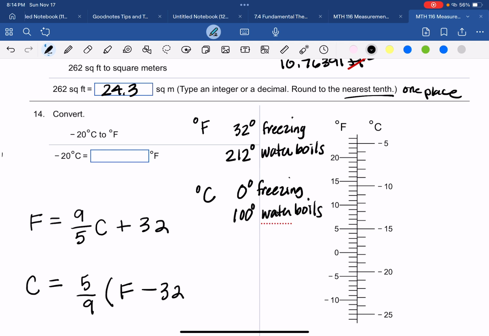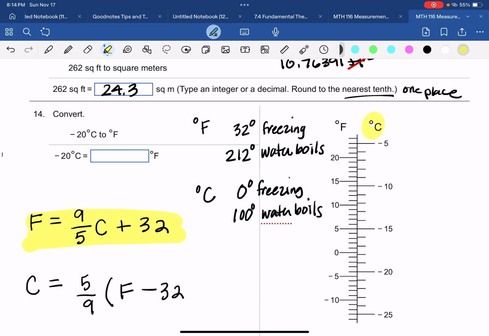If we're looking for Fahrenheit, we have to use this first formula, 9/5 C plus 32. And you will be given the formula. You don't have to memorize it. It'll be given to you within the problem on the test. So what I want to look at is, here's my Celsius side here, and I'm at minus 20.